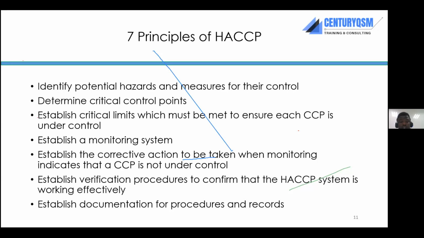Then chemical hazard can come in form of improper sanitization of that tank. For example, you are doing CIP, cleaning of that tank, maybe you use lye and acid to clean it, and it is not well cleaned. The chemical residue is still there, so it could be a source of contamination.